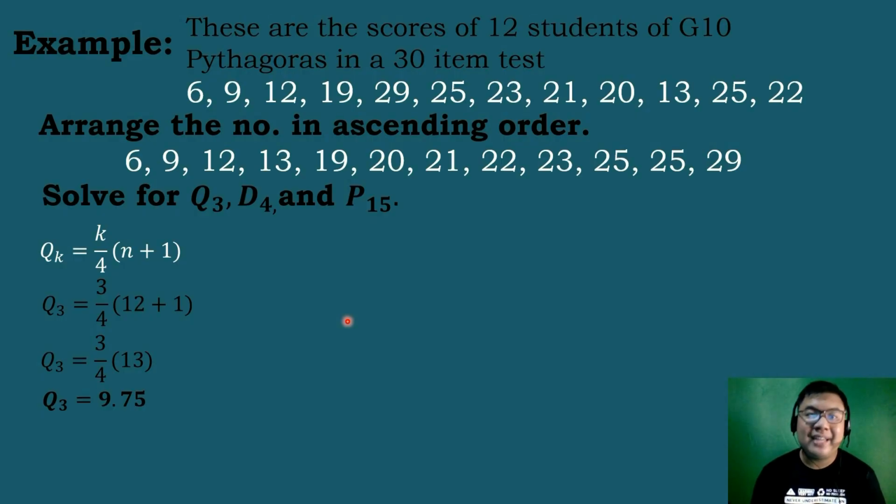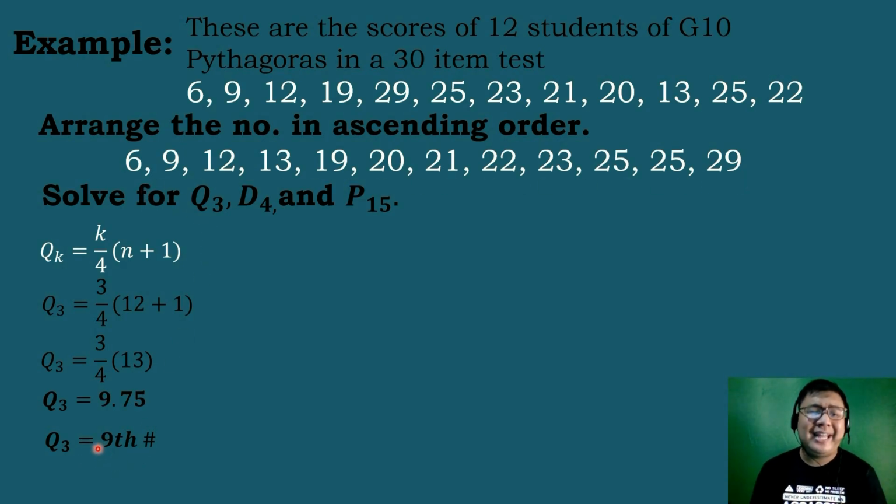And if that is the case, then what we need to do here is to round down the number. So 9.75 will be equal only to 9. So the position of quartile 3 is the ninth number of this score.